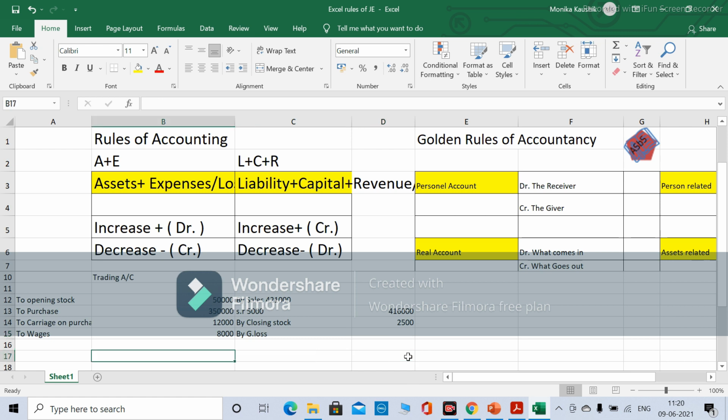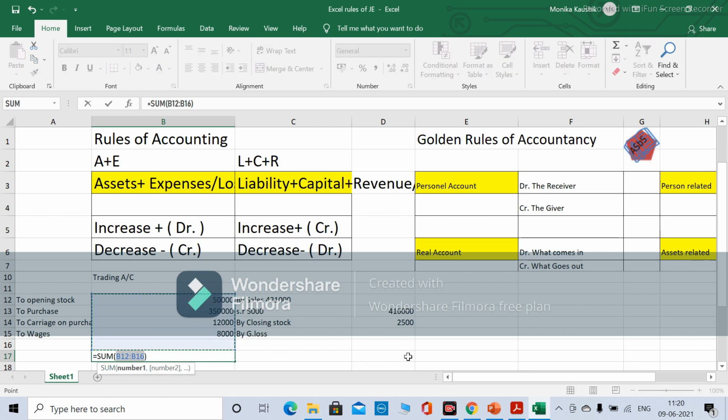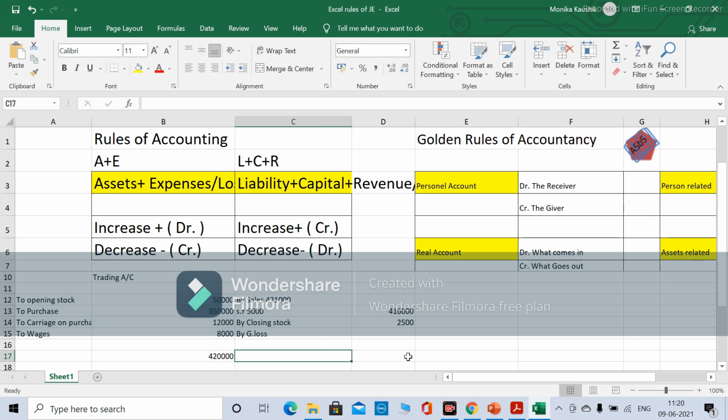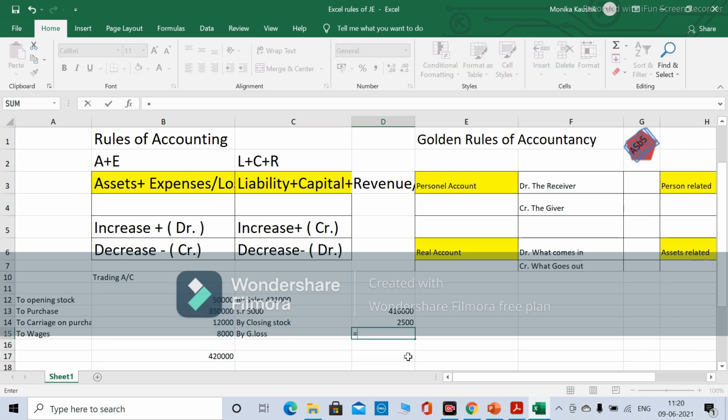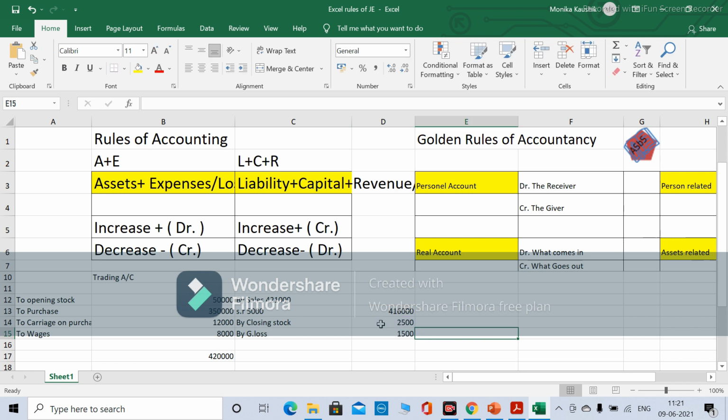So the total will be this much, and here we need to deduct from this amount this minus this. This will be my gross loss. Okay, so the totals are the same. In this case, the company is incurring a loss of 1500 rupees.